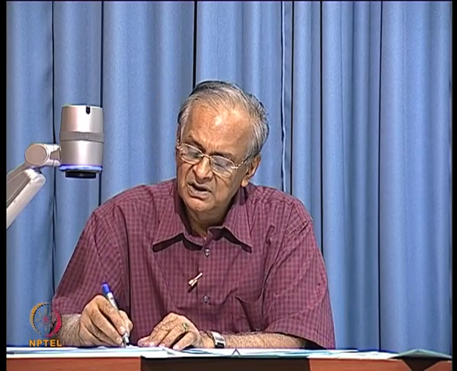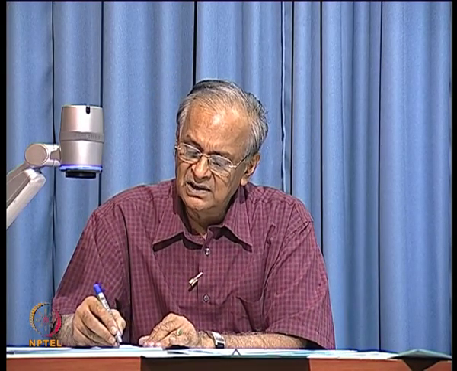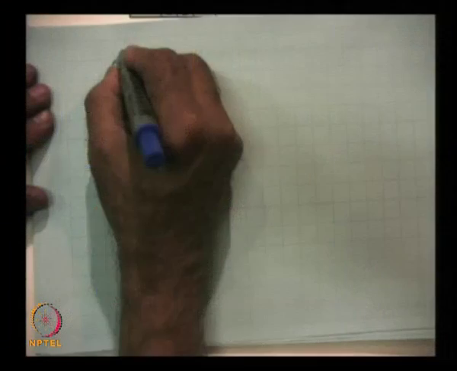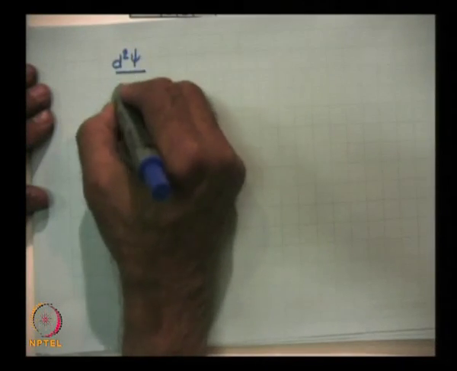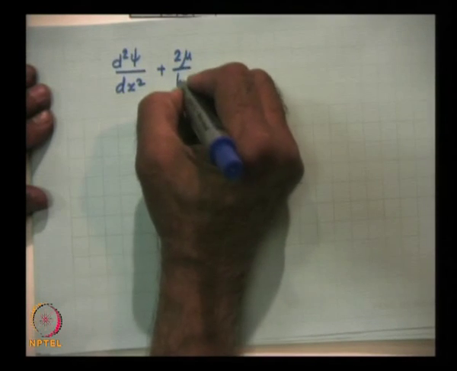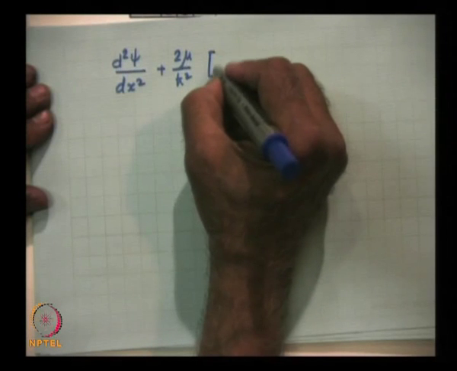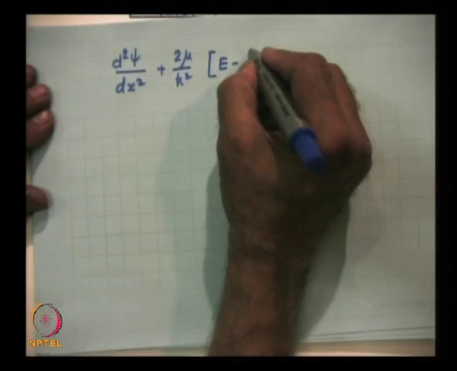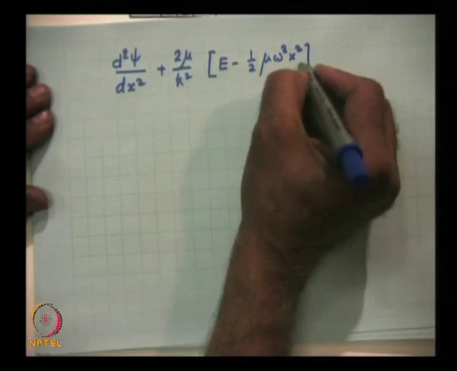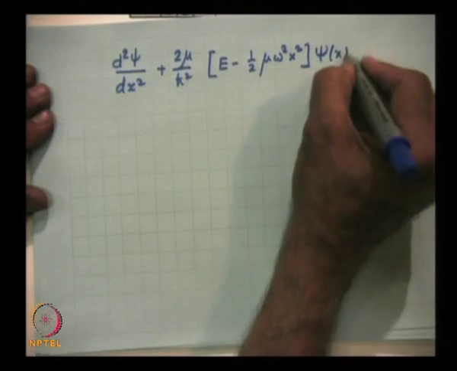The final solution of the harmonic oscillator problem is therefore that, once again, my Schrodinger equation is d2 psi by dx square plus 2 mu by h cross square, E minus half mu omega square x square, psi of x is equal to 0.